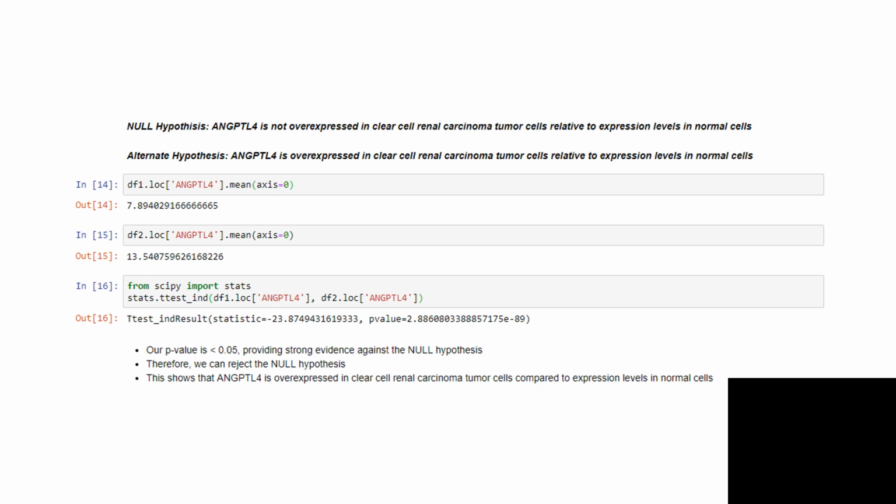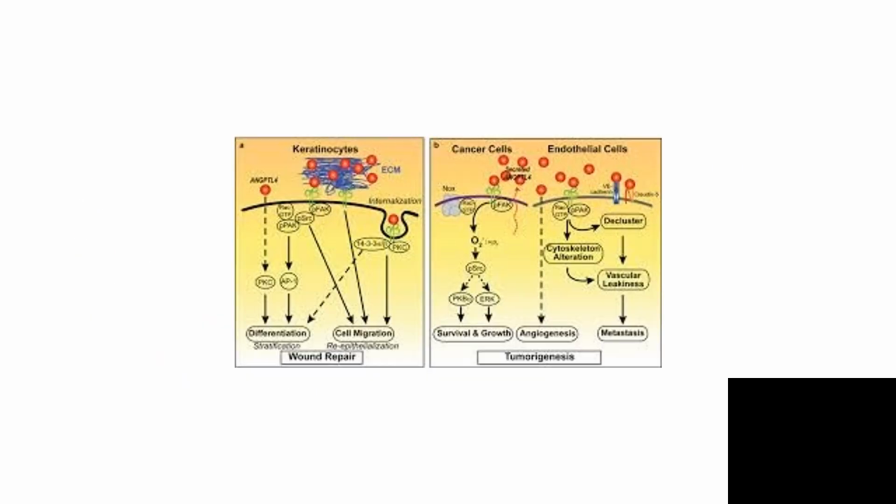I'll just round it to 2.88 raised to the negative 89. As you can imagine how tiny that number is, it's obviously far below 0.05, the significance level. So this provides strong evidence against the null hypothesis, allowing us to reject it and assert that ANGPTL4 is indeed overexpressed in kidney cancer tumor cells compared to normal cells.